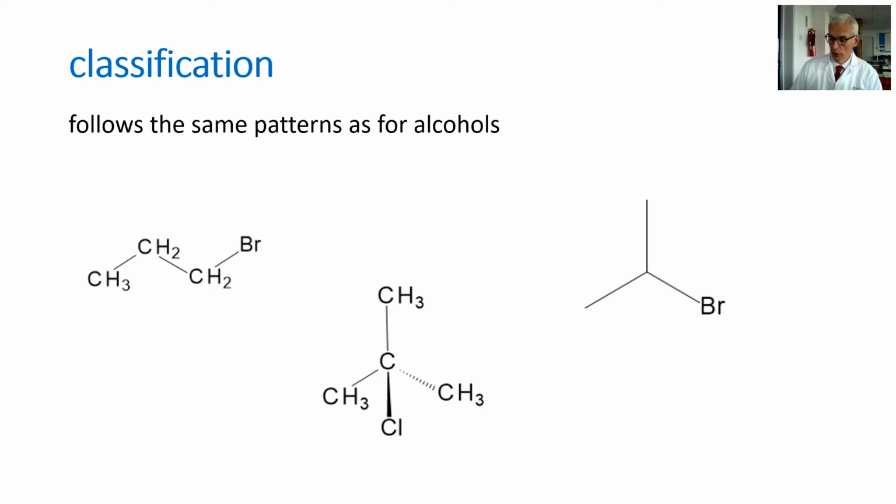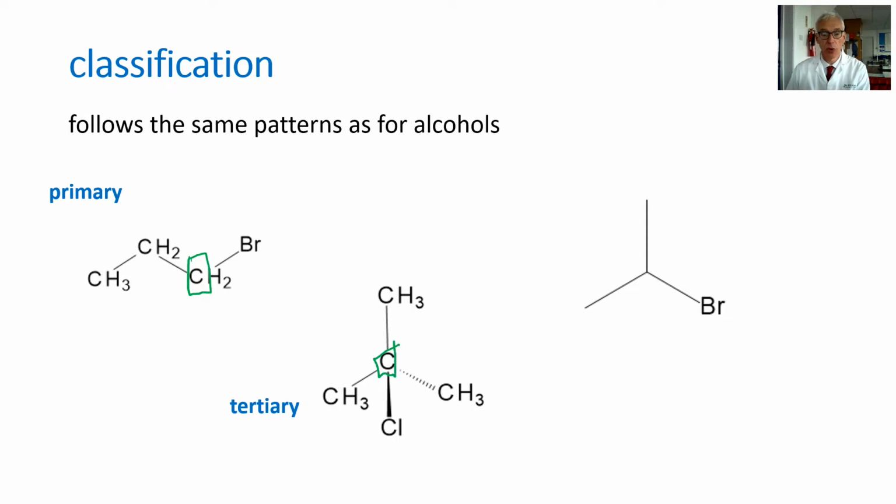Okay, so we are interested in the numbers of alkyl groups attached to the halogen carrying carbon. So here's the halogen carrying carbon, and we've got 1 alkyl group, so that's primary. Centrally here, this is the halogen carrying carbon.